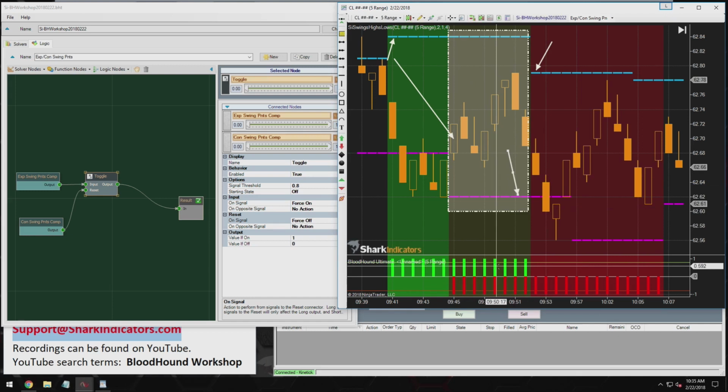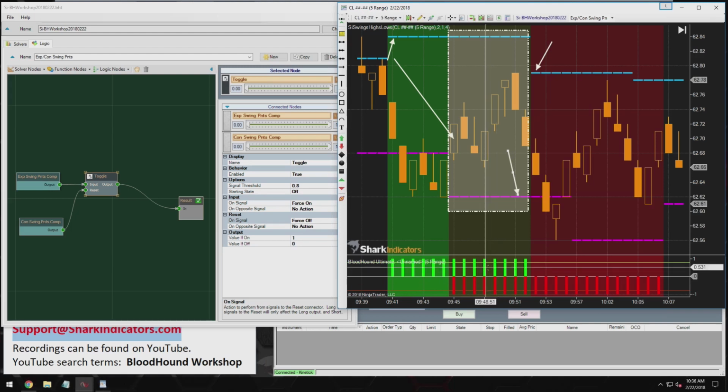We have long and short at the same time. So that's what we're looking for. Remember, at the beginning I said that expansion and contraction doesn't tell you what direction the market's moving. It's just telling you that the market is expanding or contracting.